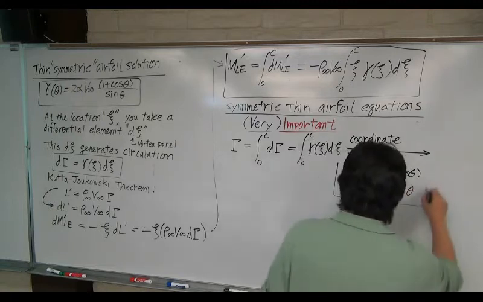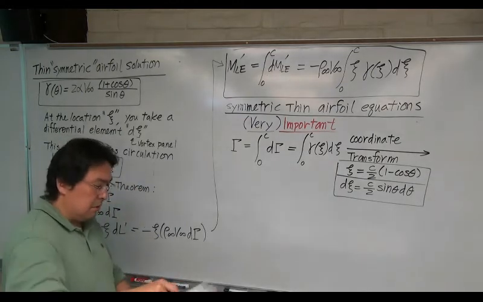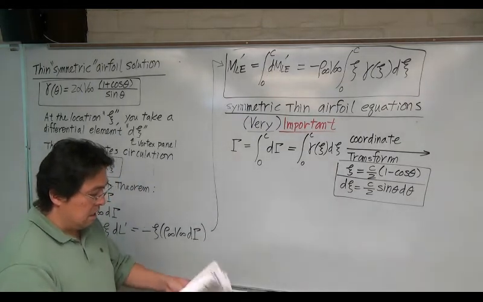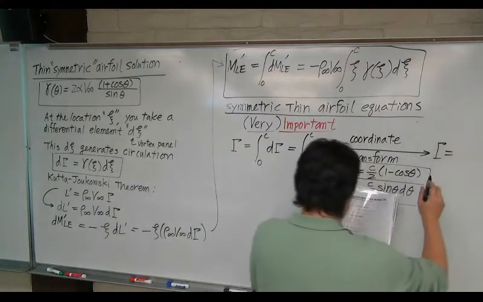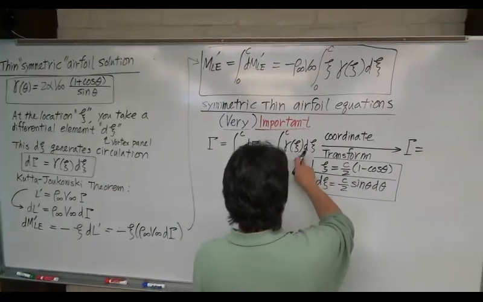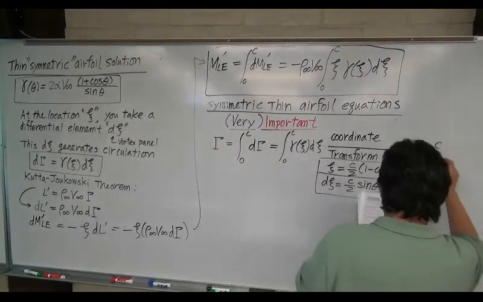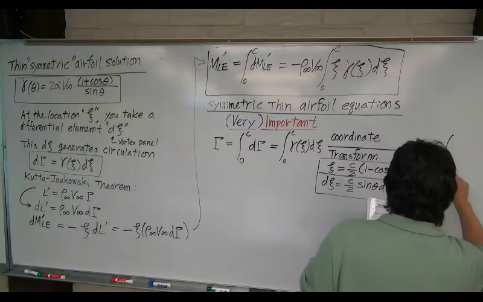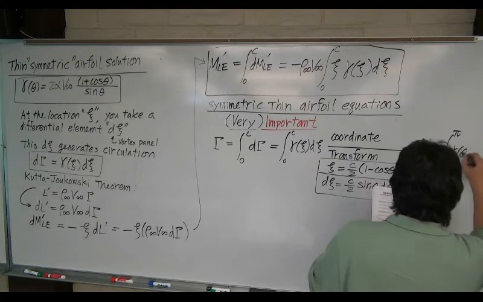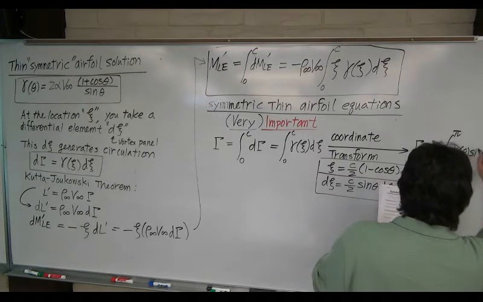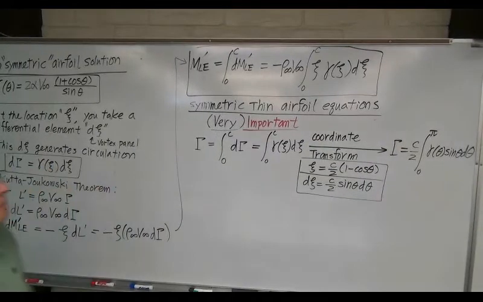So remember, those are the coordinate transformation equations. If you apply the coordinate transformation, you're going to have this. Circulation is now not a function of xz, it's a function of theta, right? So this is going to be half chord integral from 0 to pi of gamma as a function of theta sine theta d theta.